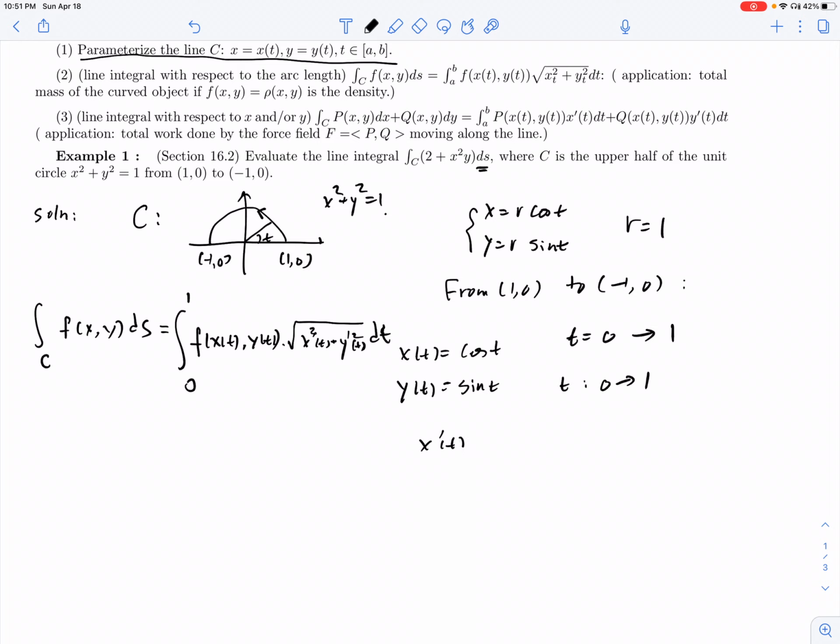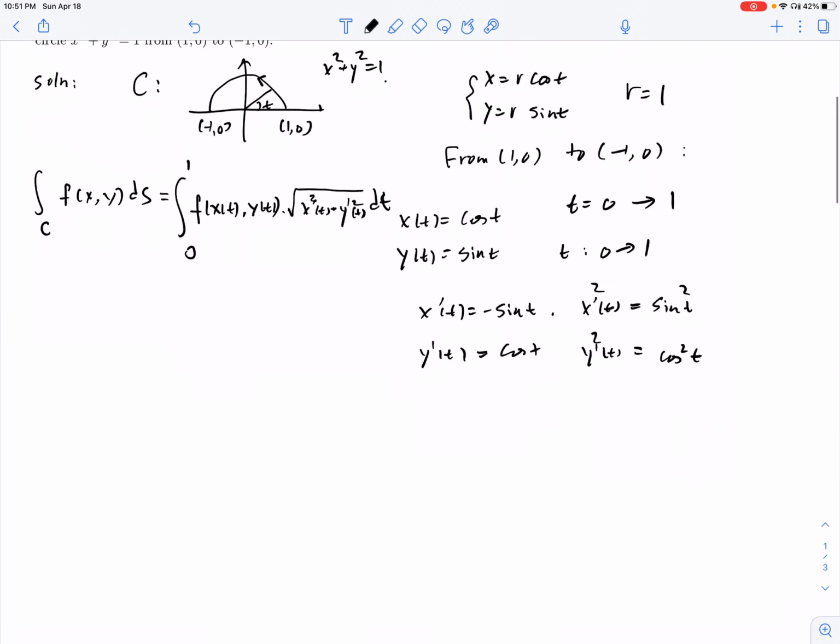x prime of t is going to be negative sine t. So x prime of t squared is simply sine squared t. And y prime of t, taking the derivative, we have cosine t. And then y prime of t squared is going to be cosine squared t.